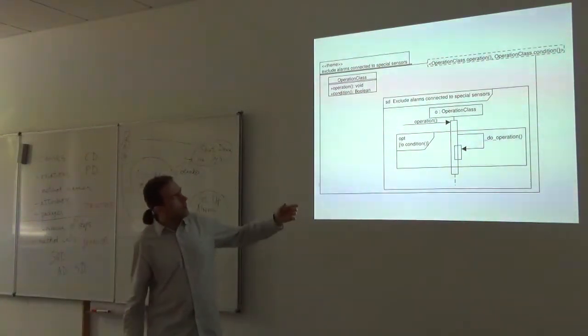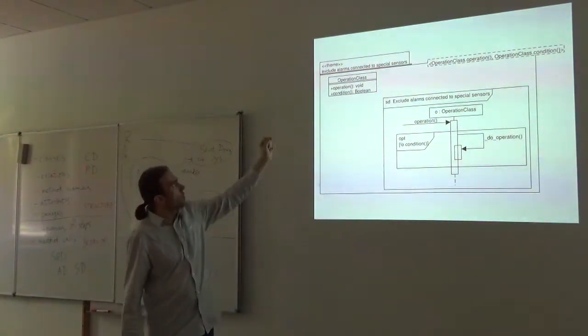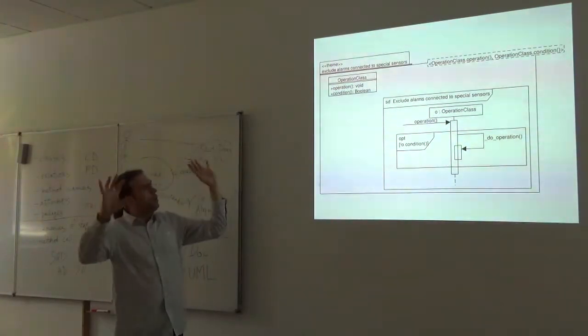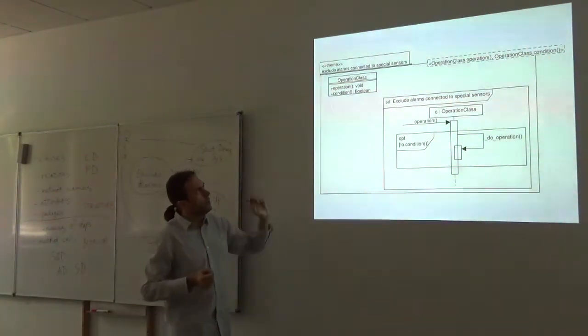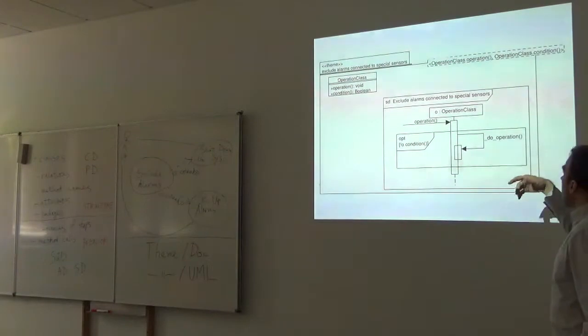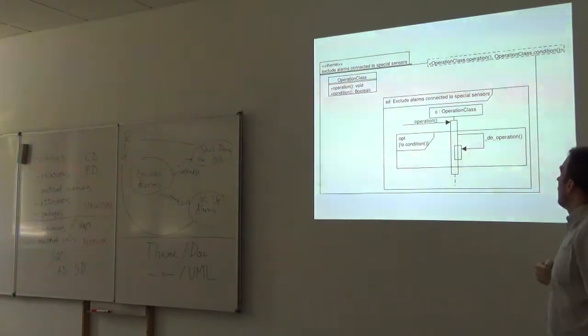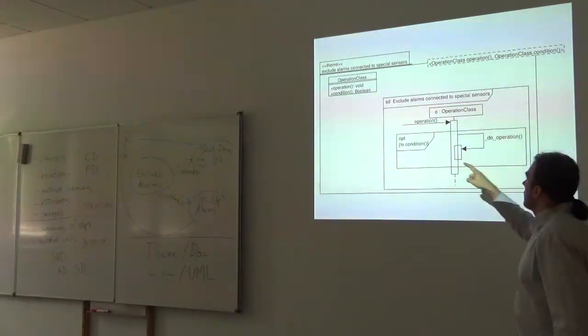So here, the essence is that when we exclude alarms connected to special sensors, we have some operation class which we need to allow to be executed or block from being executed according to some condition.